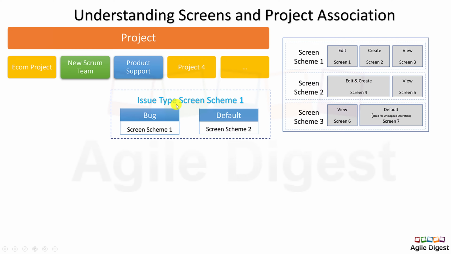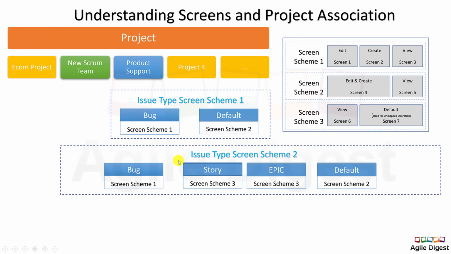Now I have issue type screen schemes. For example, in issue type screen scheme 1, for bug I will be using screen scheme 1, and all the rest of the issue types will pick screen scheme 2. Similarly, I have another, issue type screen scheme 2, where I will be using screen scheme 1 for bug, screen scheme 3 for story and epic, and screen scheme 2 for all the rest of the issue types.